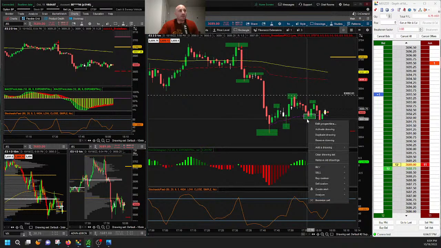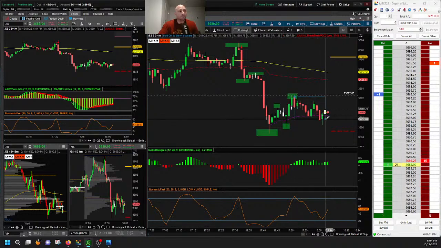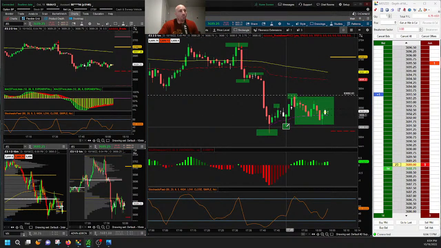But if you think about it, all this price action right here is still within this leg. Very important. So until this low gets taken out, we're still making higher highs and higher lows.